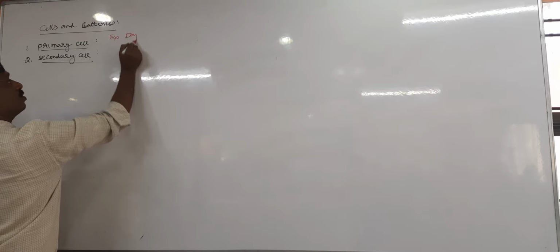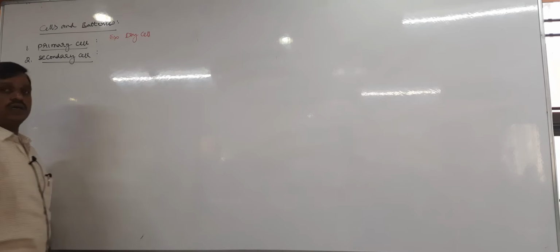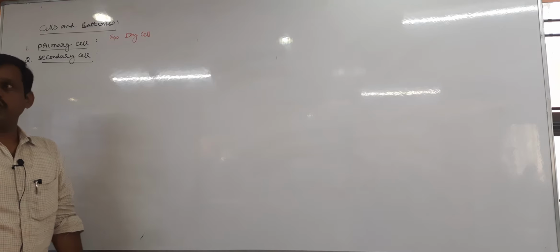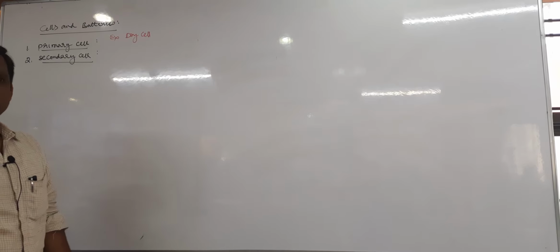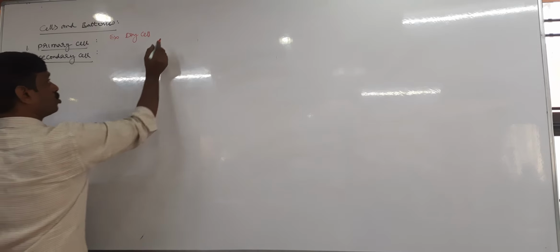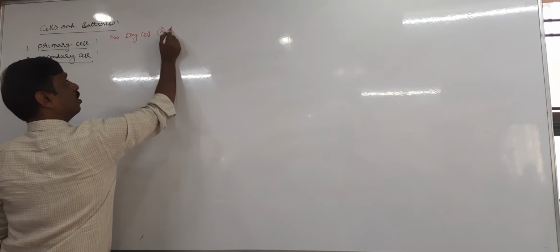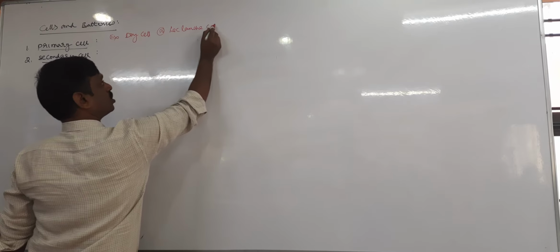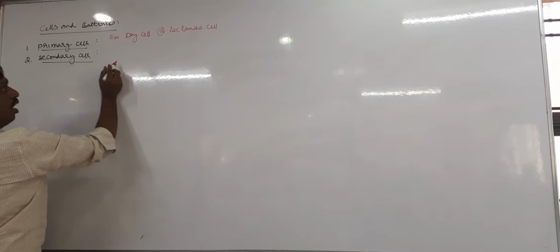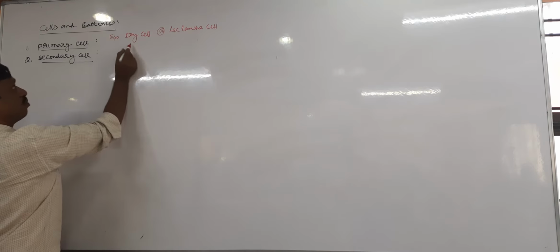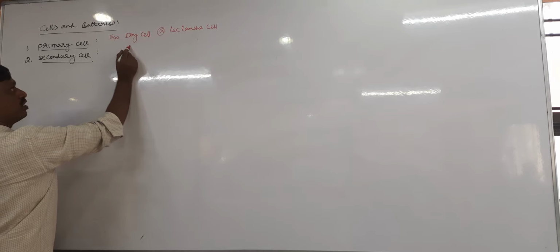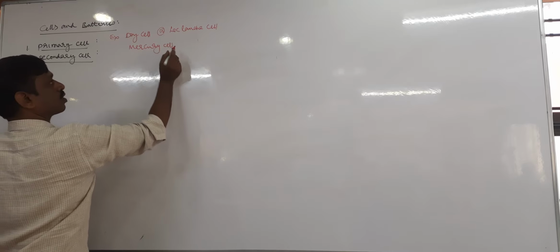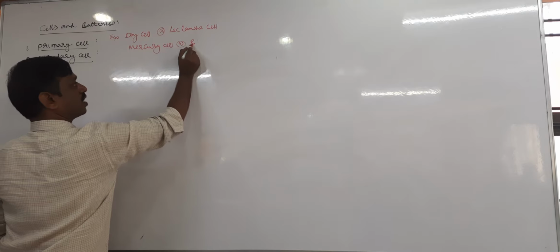Like for example, what are examples? Dry cell, no? We use it in our remote and even wall clock, etc. That is a dry cell. Dry cell is also called Leclanche cell, right? And there is another example, mercury cell, or it is also called button cell.